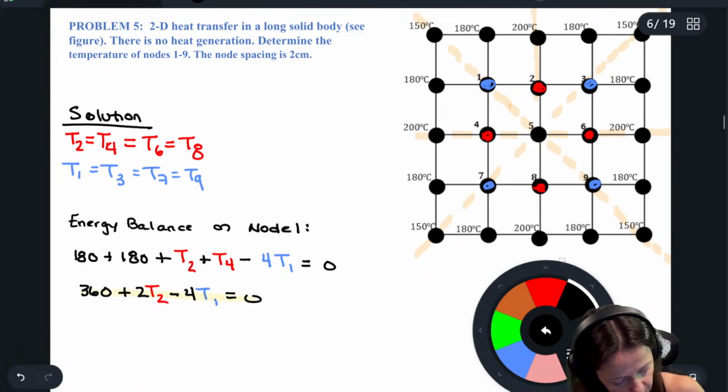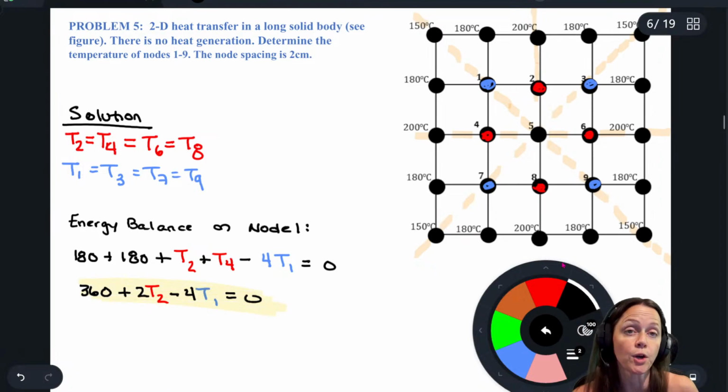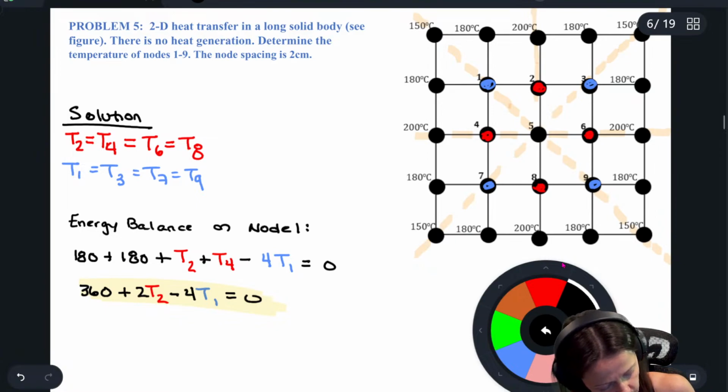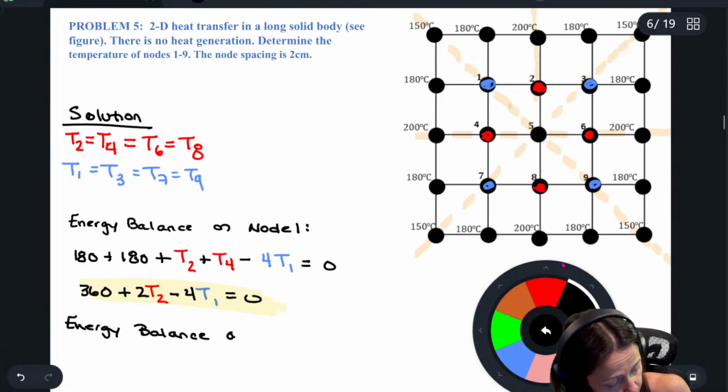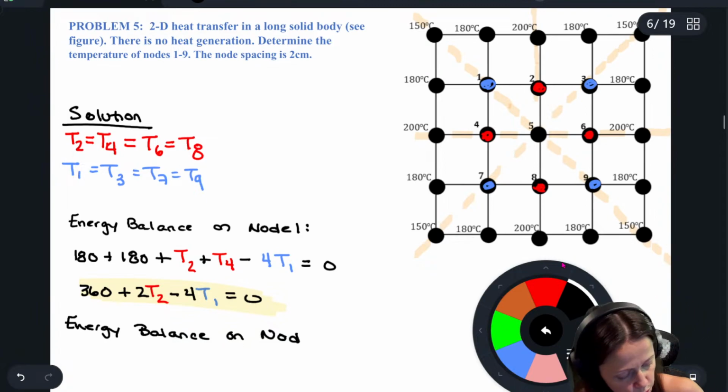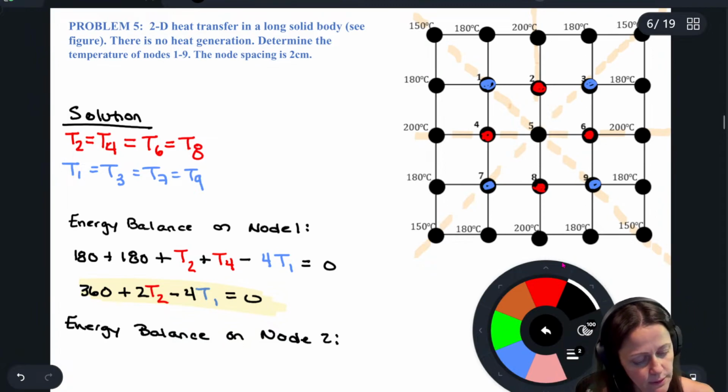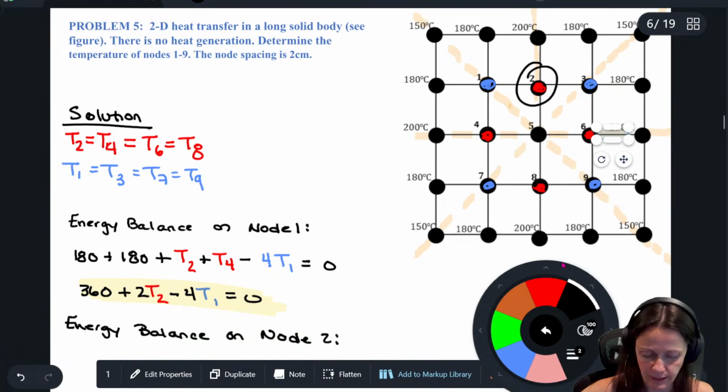There we go. I'll highlight that. That looks pretty. So that's one equation, 2 unknowns. All right. Now we're going to do an energy balance on node 2. Let's do node 2.